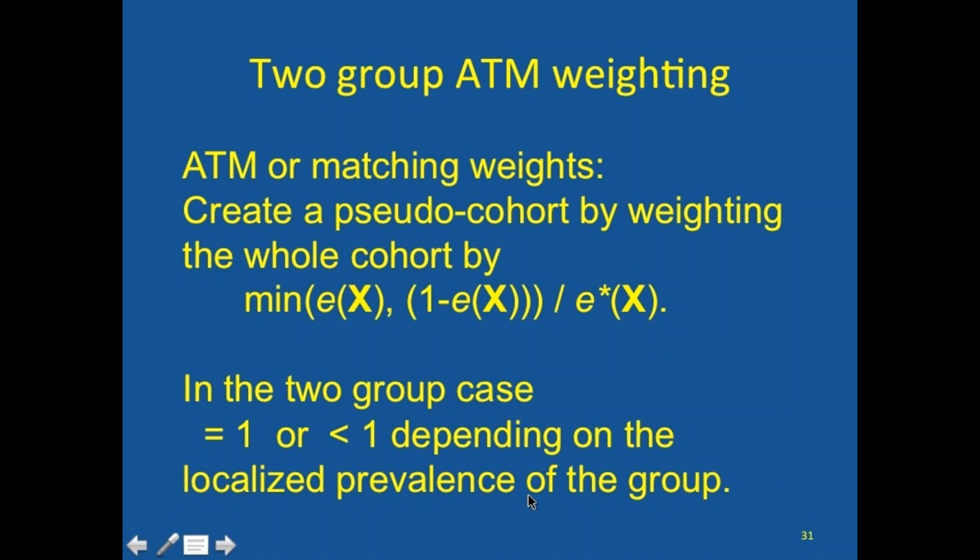And so a nice feature of these ATM weights is people are always getting weighted either 1 or some value between 0 and 1. That ends up doing a nice job in the cases where we have those weird regions where one group is really dominating and the other group is extremely rare.